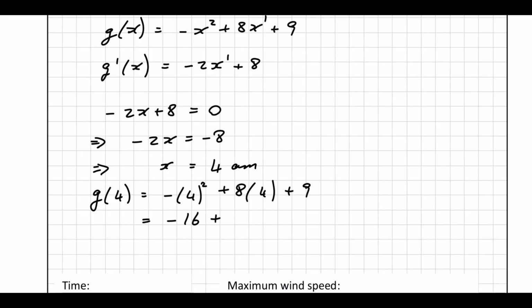Plus 8 times 4 is 32, plus 9. Minus 16 plus 32 is plus 16, and then plus 16 plus 9 is plus 25, and that was our y, so that is kilometers per hour.